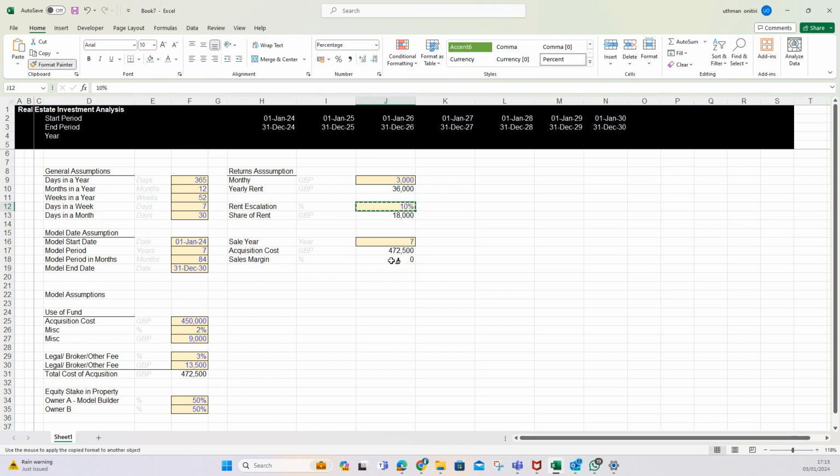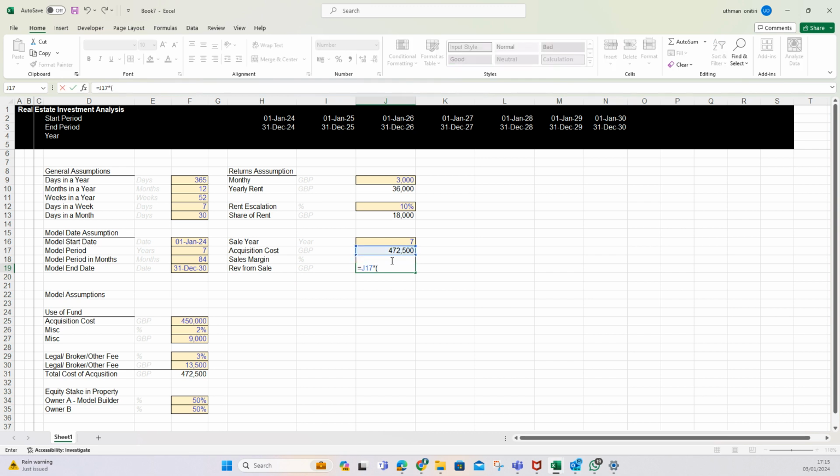That means the selling revenue from sale, GBP, is going to be marked up by 20%, 1 plus 20%. That means the property will need to be sold for 567,000 pounds, right? Okay, let's move on, guys.